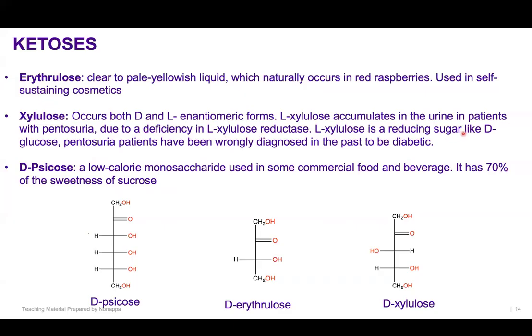So this is a reducing sugar, just like D-glucose. We will come to that. Sometimes pentosuria patients have been wrongly diagnosed in the past as diabetic, because diabetic patients also have a lot of glucose in the urine, so it can be mistaken for various reasons, especially if you are using a commonly used test that detects sugars based on their reducing power.